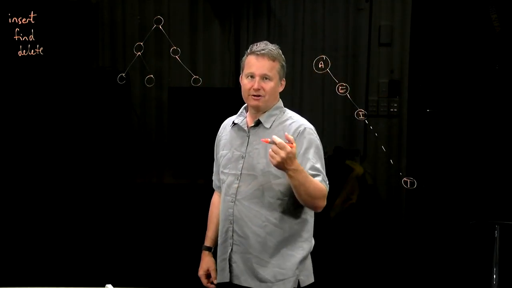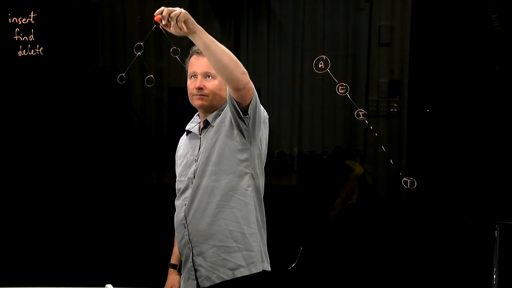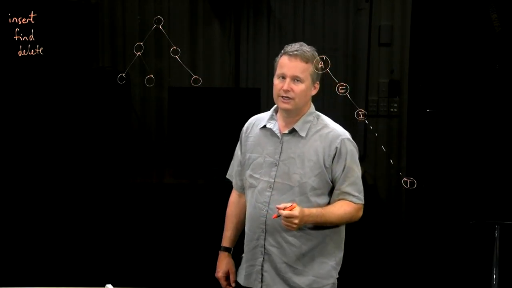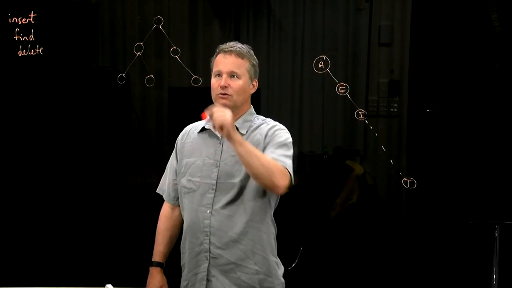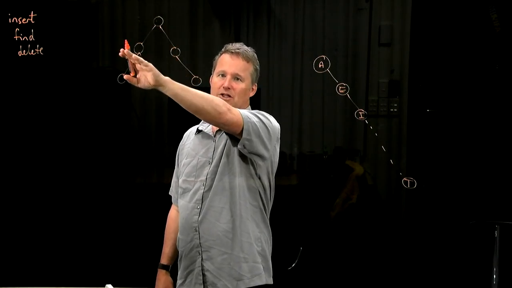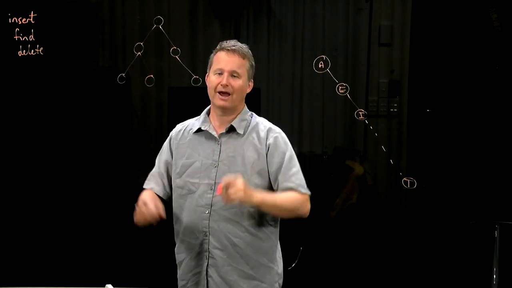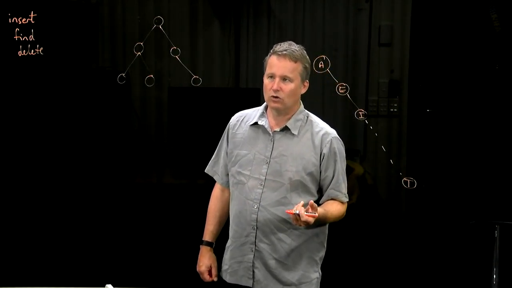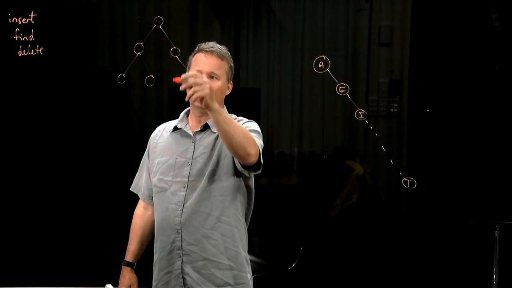We just use binary search. We start at the root. If we found the element already, we stop. If not, and the element we want is bigger, we branch to the right, otherwise we branch to the left. And then we just recursively go down the tree. Either we find it, or we find where it should be, but it isn't.